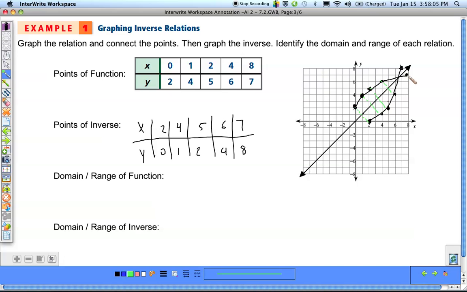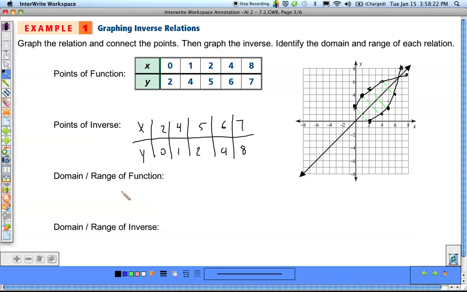And this one here, the last point on the function, was underneath that line, and gets reflected over that line. And that's all that we really have to do to graph an inverse: we take those points, whatever that ordered pair is, and we just switch the x and the y to get it.